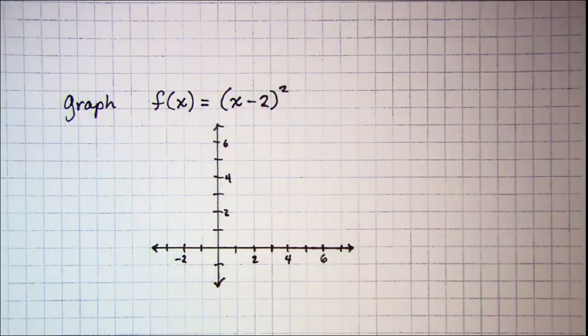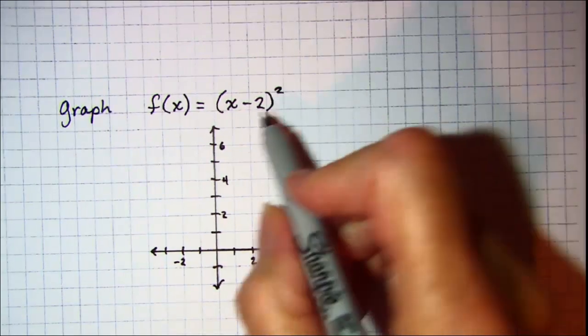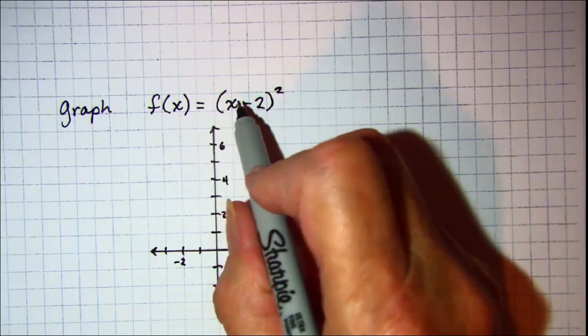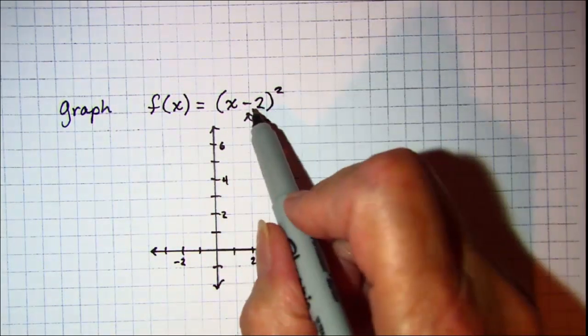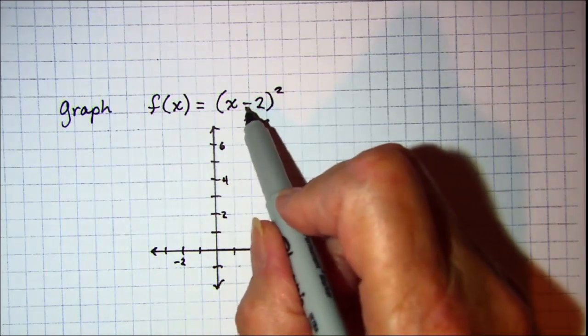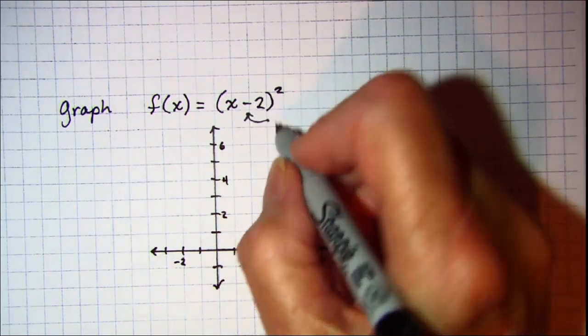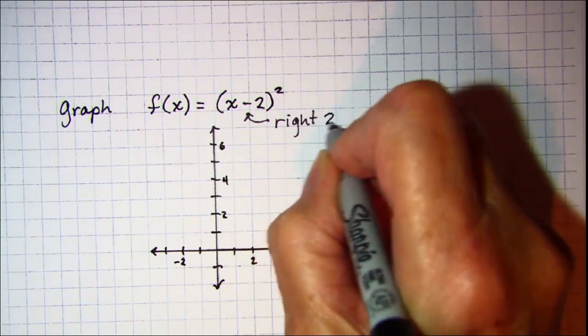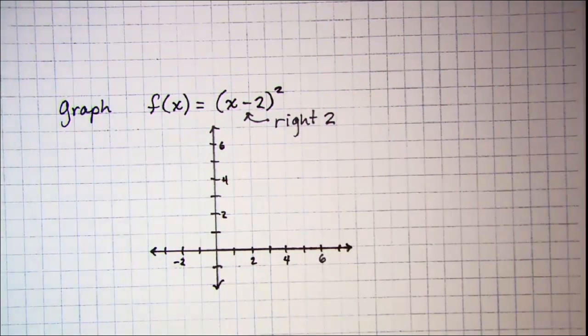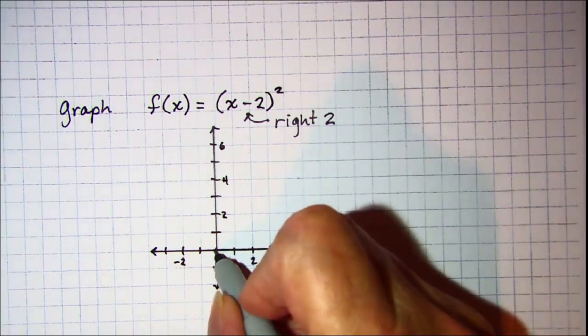In our last example, we're asked to graph f of x equal the quantity x minus 2 squared. And again, because this is inside with the x, I need to do just the opposite of what you would think. Since this is minus, I need to go right 2 or add 2 to the x value. Draw the basic graph.